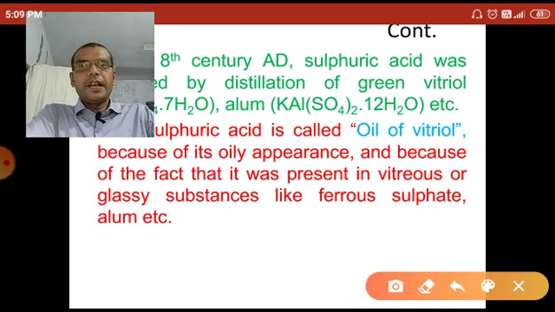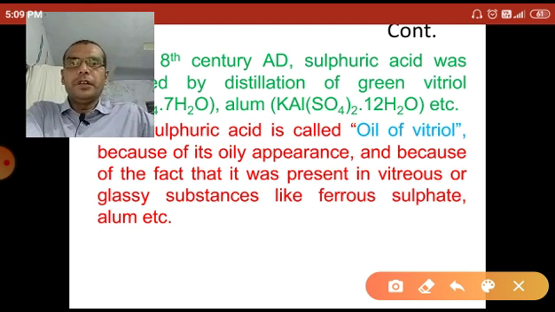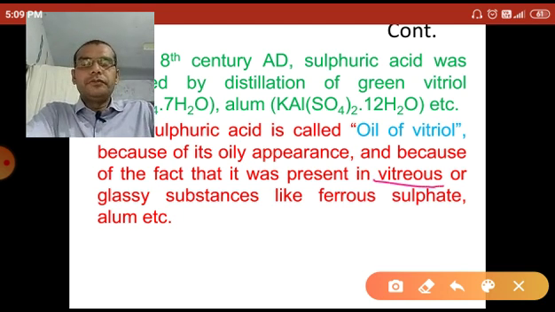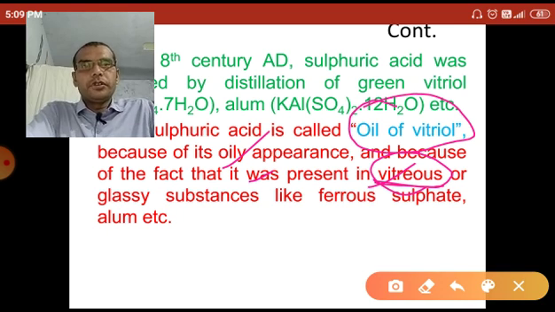That means it is a glassy substance like ferrous sulfate, alum, etc. Vitreous means it is a hard, transparent substance. So oily appearance and vitreous appearance. So sulphuric acid is called oil of vitriol. Vitriol means hard, transparent, glass-like substance.